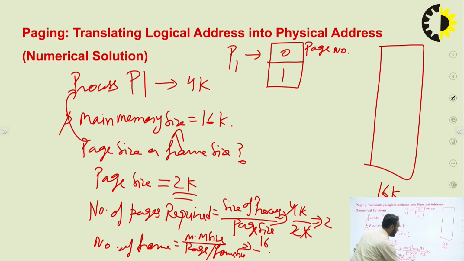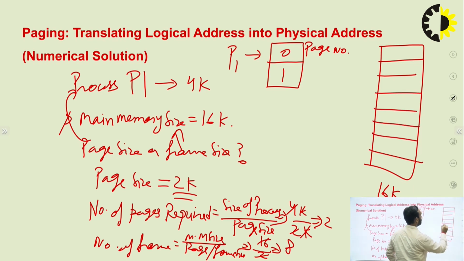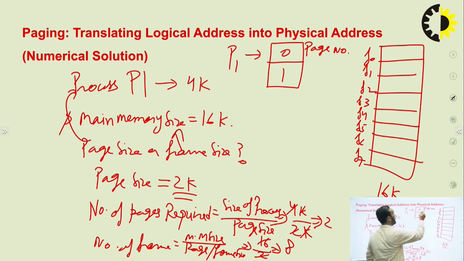That is 16 divided by 2. That means we have 8 frames, F0, F1, F2, F3, F4, F5, F6, F7. Likewise, page number 0 and page number 1.